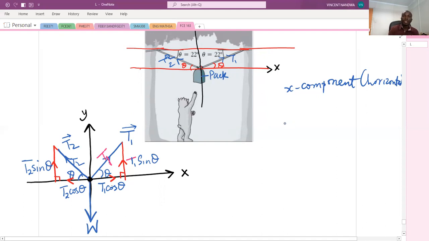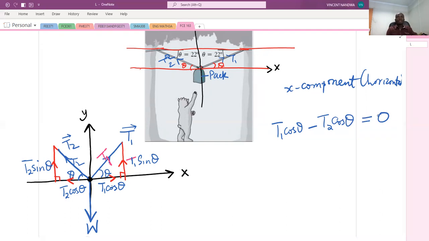So this will be T1 cos theta, and then this other one is taken to be negative. So negative T2 cos theta should give us 0, because we expect the net force to be 0.